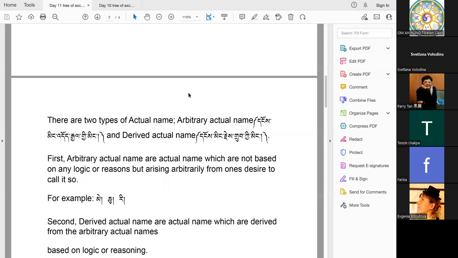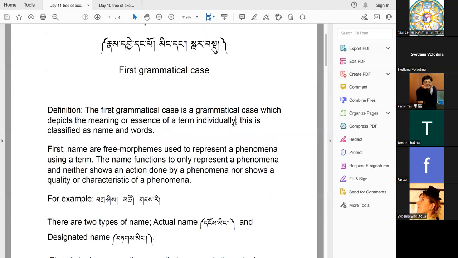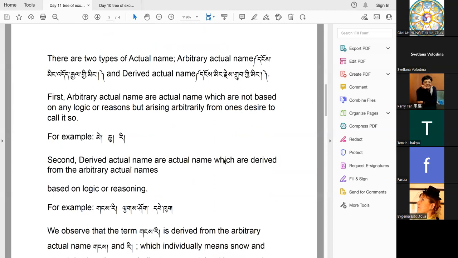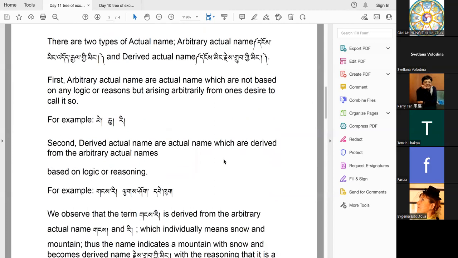So I cannot say that these are special cases, but we can definitely say that these are a type of the first grammatical case in which it slightly violates this very condition, which is individual. So it's not individual, and in that case, definitely it violates the actual definition. But still, it's a type of name that's given.